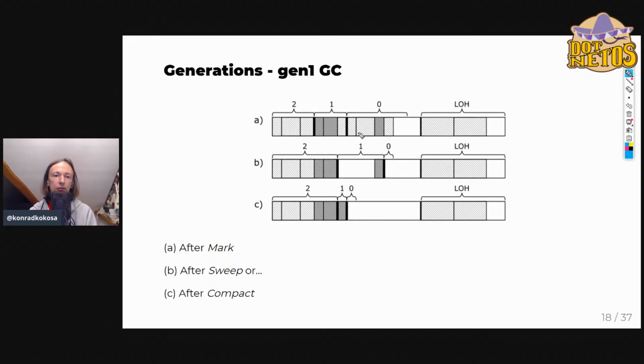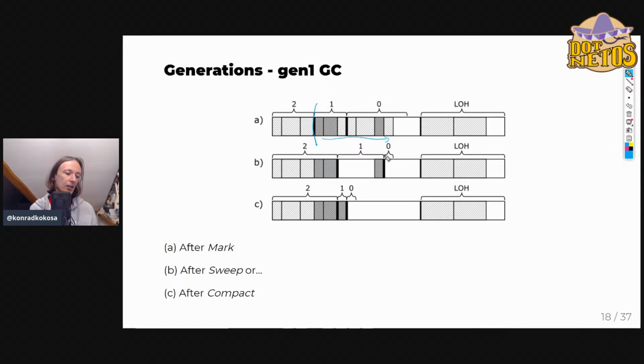In case of a Gen 1 GC, the story is very similar, but we are simply starting from the boundary of Gen 1. So not from the boundary of Gen 0, but now we are considering both generations. We are starting at the beginning of Gen 1 and going to the right.